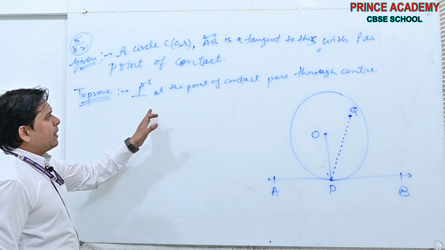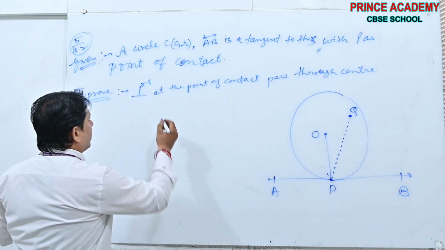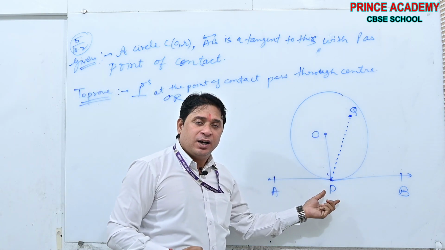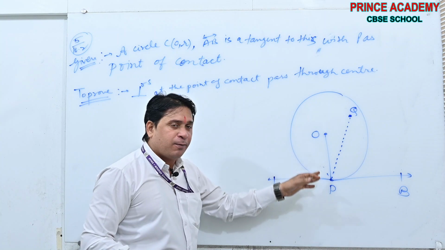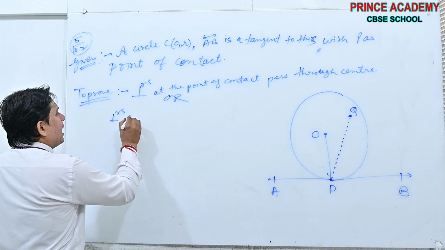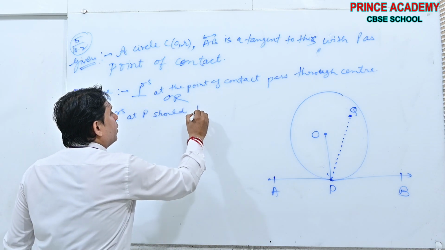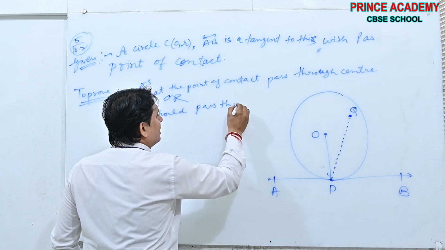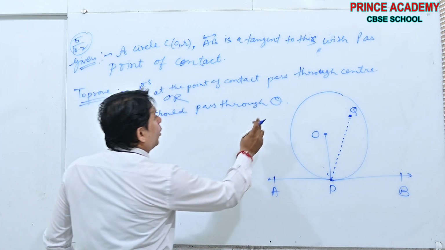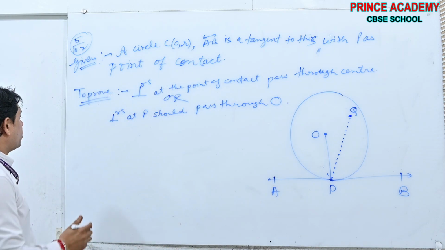Perpendiculars at the point of contact pass through the center, or in other words, you can take the terminology and facts from the figure. See, the perpendicular at P should pass through O. This is O, beta, this is not Q, this is O. Okay, now see the proof.